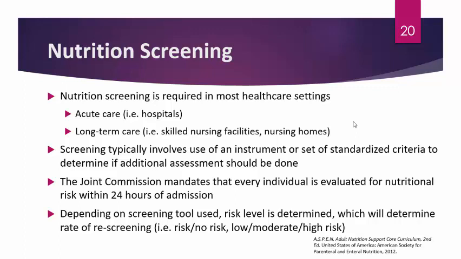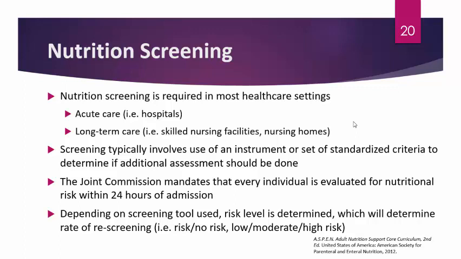The Joint Commission mandates that every individual is evaluated for nutritional risk within 24 hours of admission to wherever they are admitted, whether it be the hospital or a long-term care facility, so that those patients can get treated adequately nutritionally.